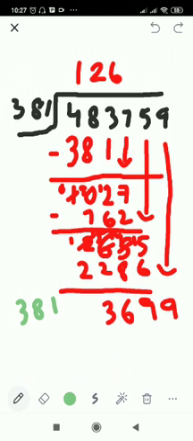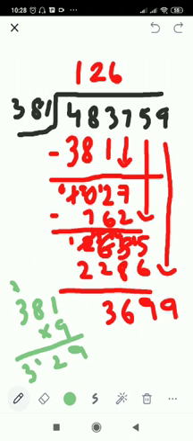All right, and we will check, because 381 10 times will be 3810, so it will be bigger than this, so we are going to do 381 9 times. 9 ones are 9, 9 eights are 72, 2 here and 7 carried, 9 threes are 27 plus 7 is 34. We will get 3429 for 9 times.